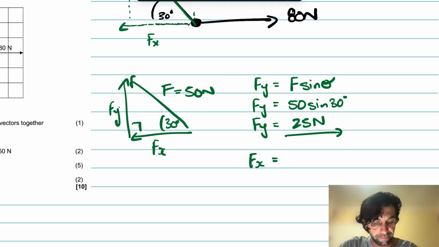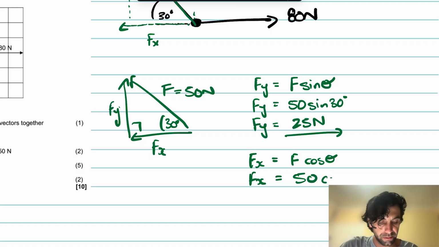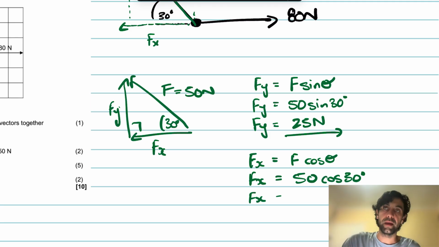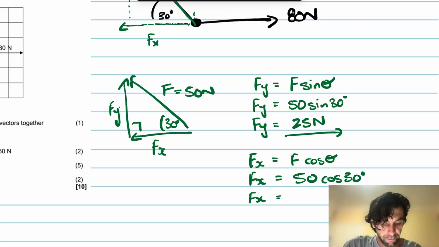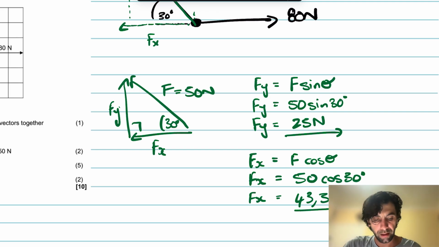So that is going to be F cos of theta. So we find that Fx is equal to 50 cos of 30 degrees. And therefore, the horizontal component is going to be equal to exactly 43,3 newtons. All right. There we have it.